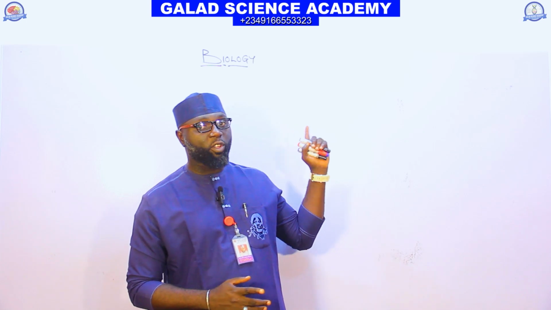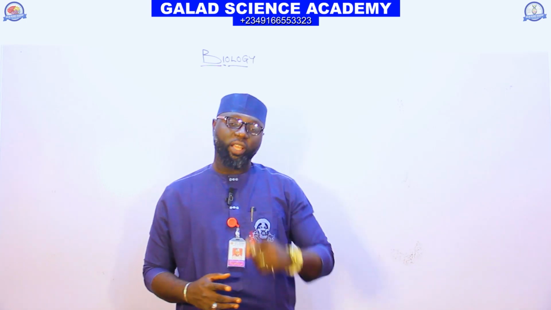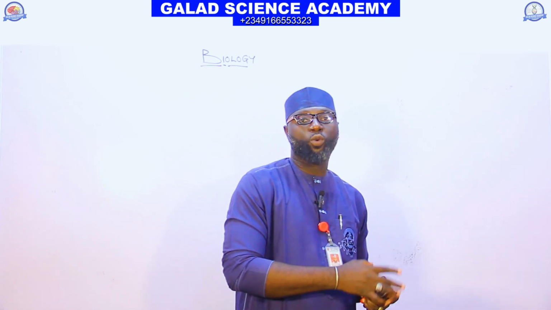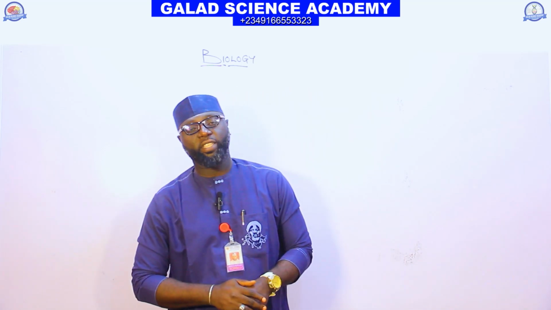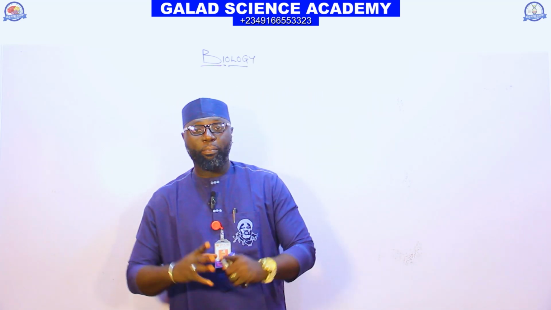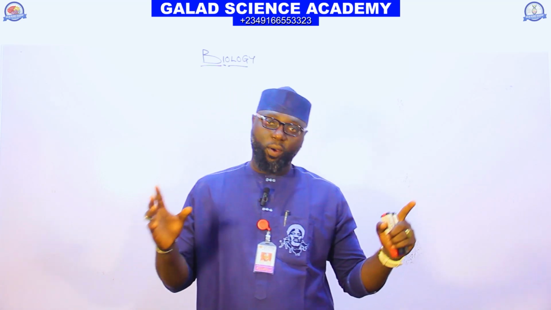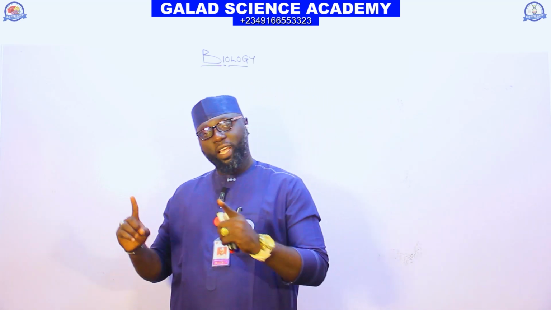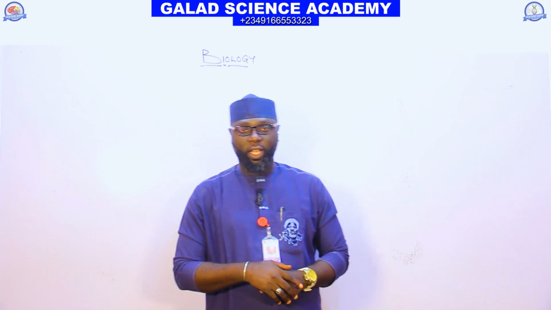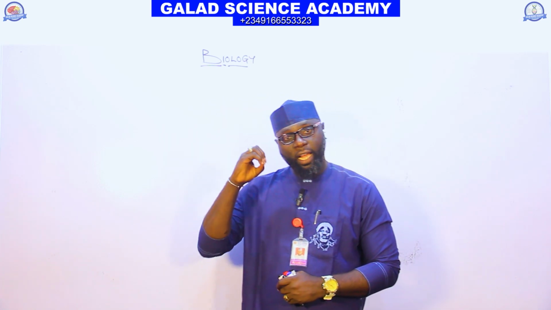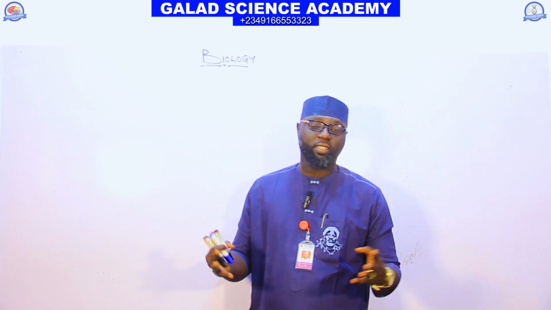In this aspect of biology, our major interest is Protozoa, not Protophyta. The protozoa are primitive animals, the first existing animals on Earth, and they can be classified into four classes.